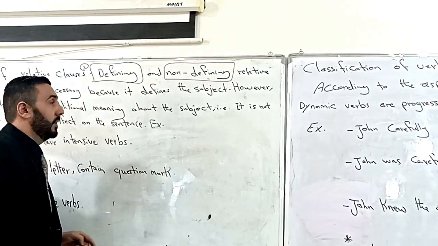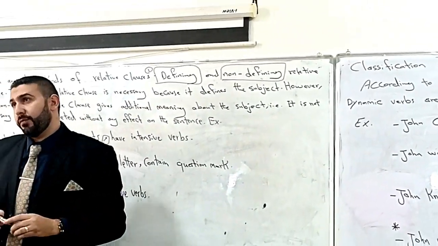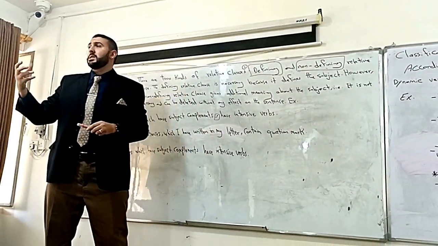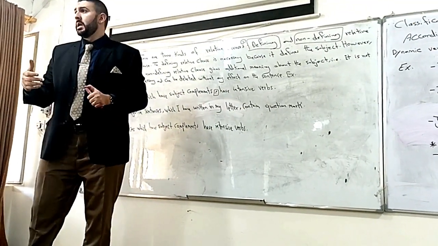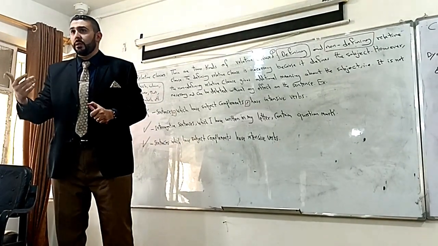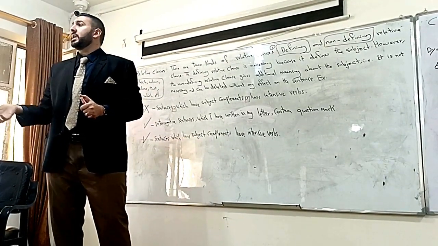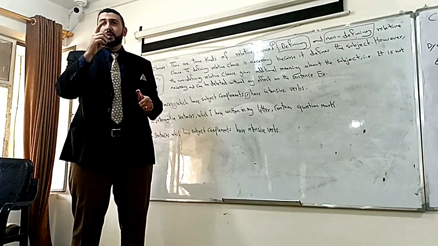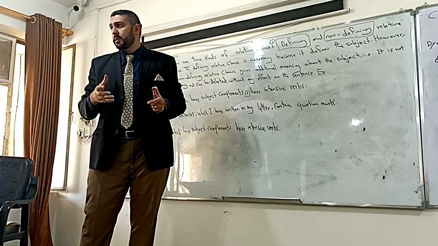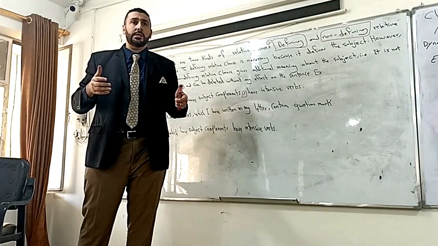non-defining relative clauses. So from its title, these kinds of relative clauses give us additional information, extra information about the subject. You see? So if we delete them from the sentence, it can stand by itself.